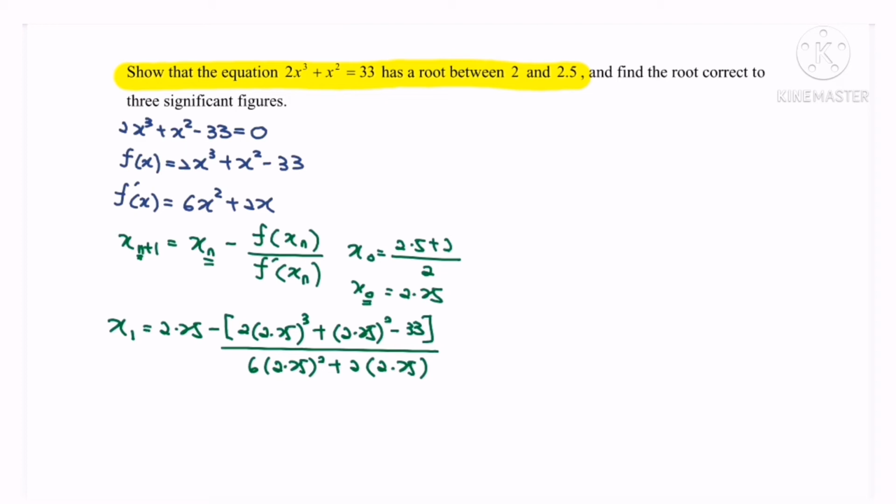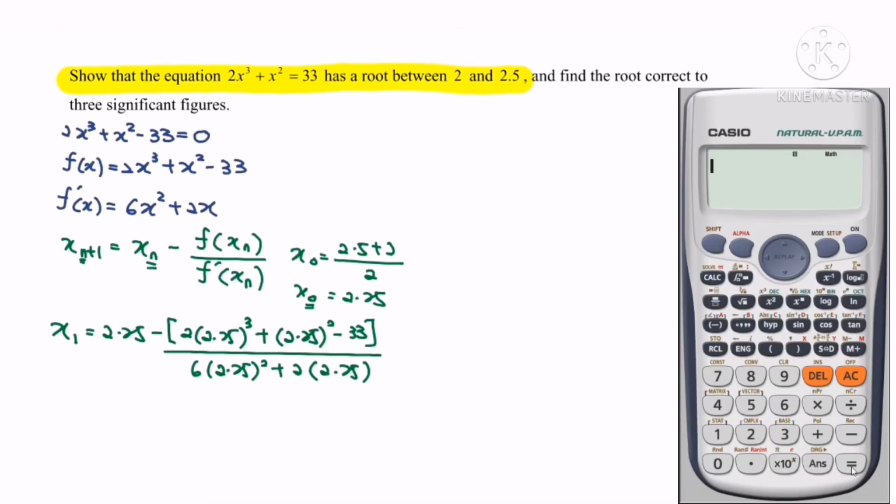Kindly refer to the calculator, and now kindly refer to the screen. What we have to do is key in the formula. We have alpha x minus, the situation is in ratio.